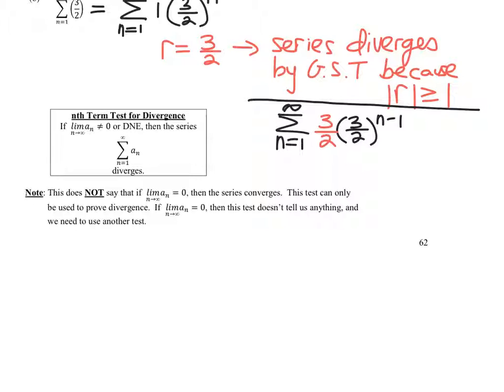So whether you use the geometric series test, the nth term test, or any of the other ones that I mentioned, once you've demonstrated that it diverges, you're done. Convergence can often be more challenging to figure out. So what we often do is use the nth term test to start off to see if maybe we can sneak our way through to getting divergence, and then just call it a day.